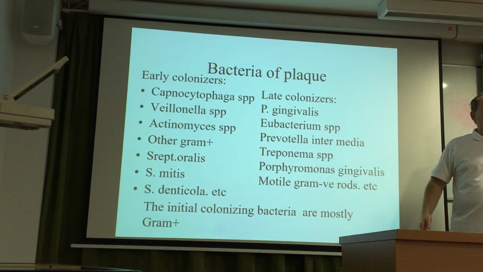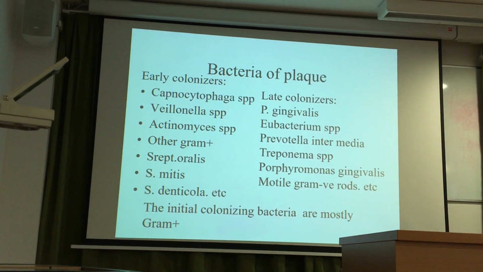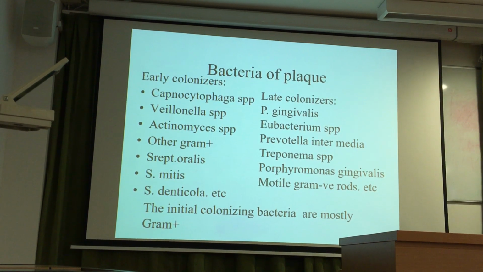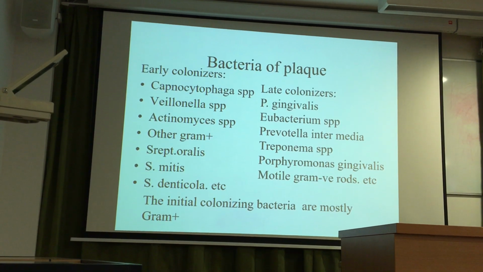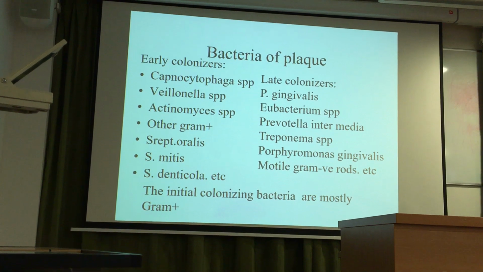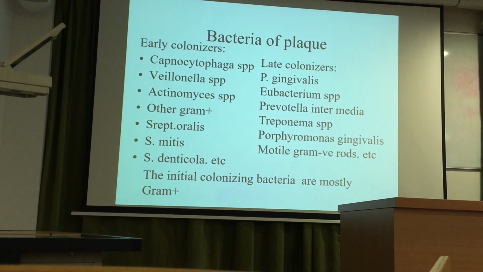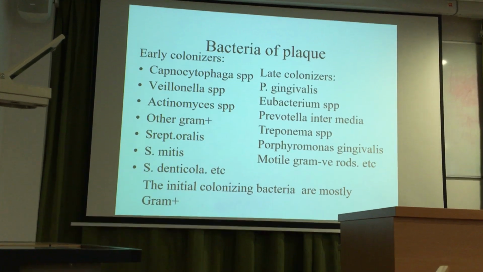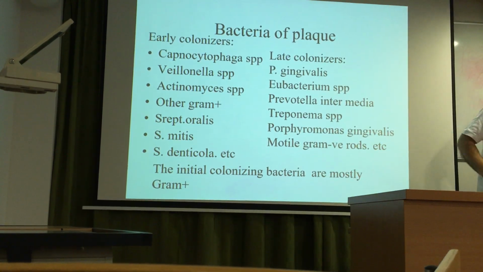In some days, gram-negative bacteria can grow in the depths of the plaque because the plaque is thickening, and in the depths the gram-negative species are predominant. Of course these are dangerous, so the periodontal pathogens are gram-negative species.